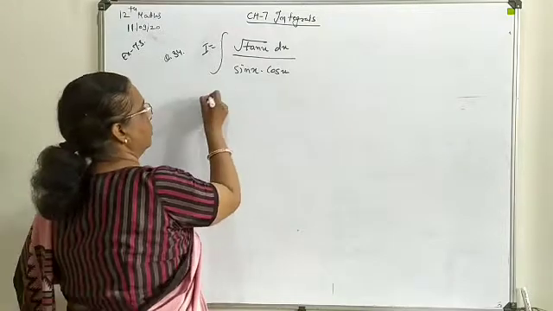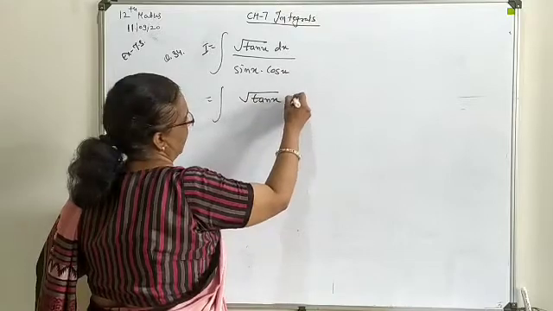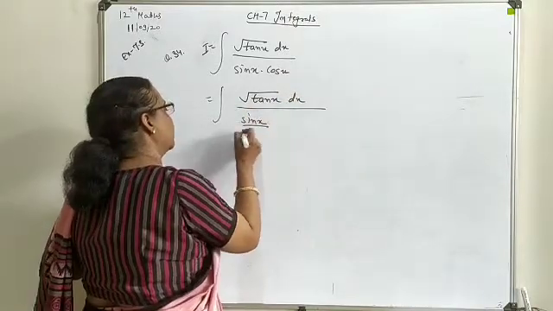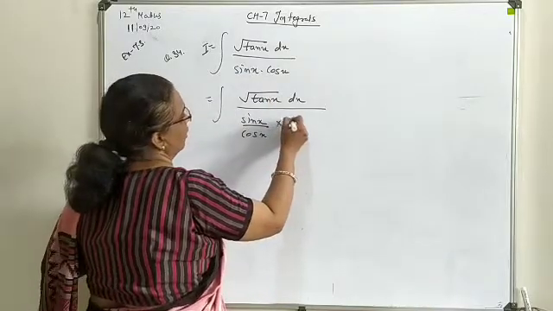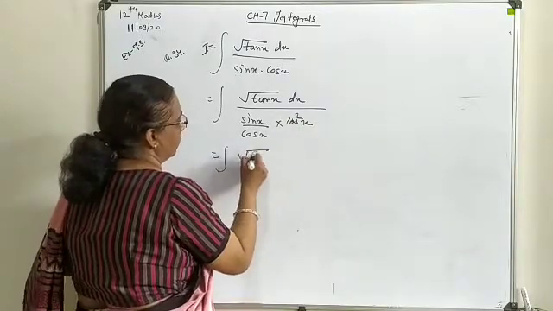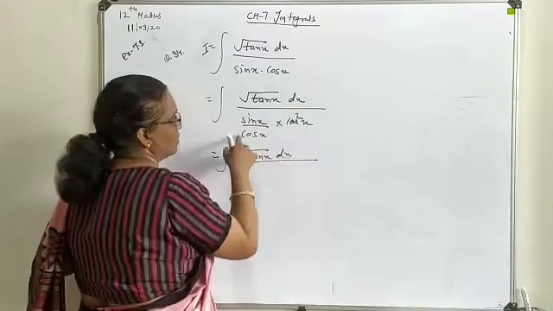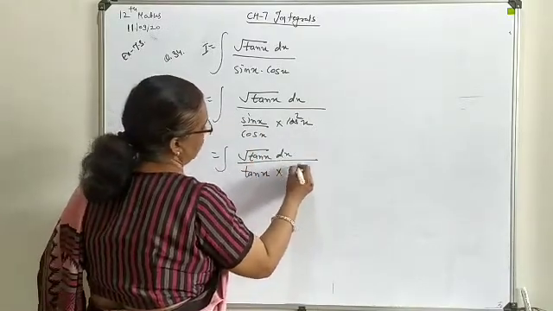So what we are going to do here, this is tan of x which you keep as such, this is sin x upon cos x, multiply and divide by cos square x. Here it is under root of tan x, this will turn as tan x, and further it is cos square x.